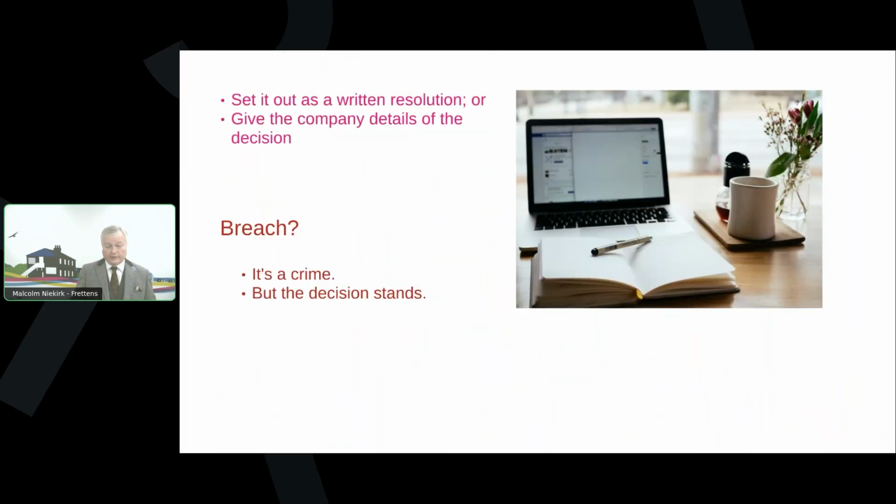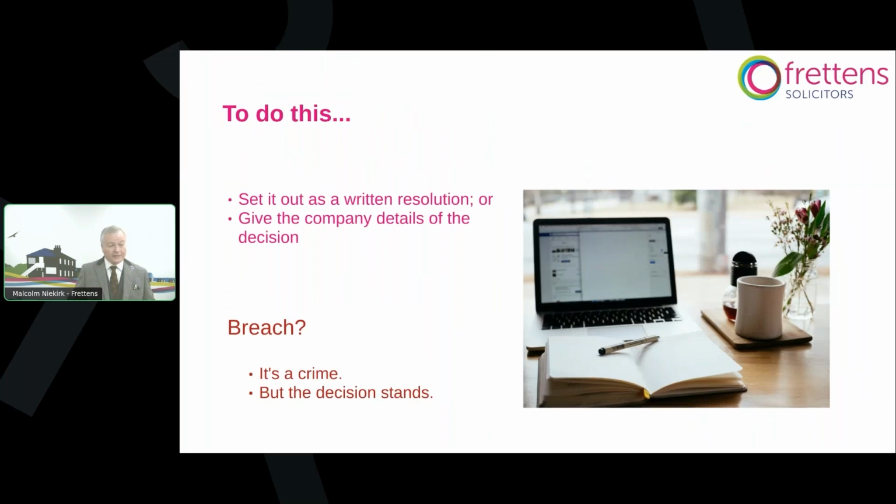All it says is that the sole member can either set it out as a written resolution, which is definitely best practice, or having made the decision, they can then give the company details of it. It doesn't say very much about what those details should be. And the Companies Act then goes on to say that a failure to comply with that is a criminal offence. So you're going to have all sorts of money laundering and reporting obligations lighting up if you encounter this, but the decision itself still stands.